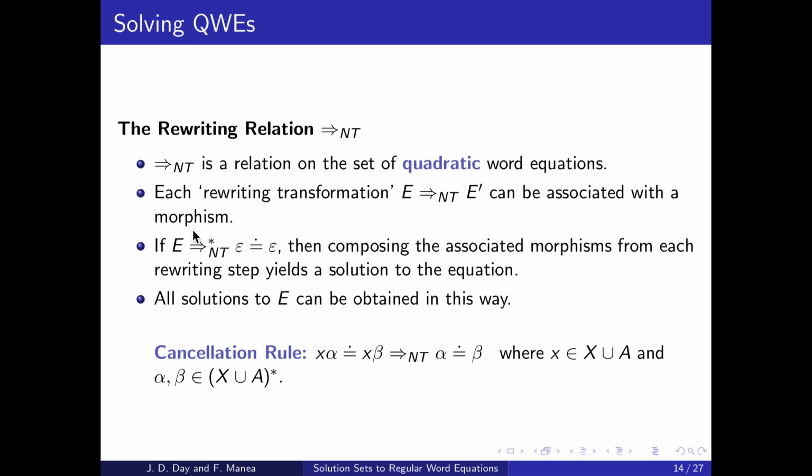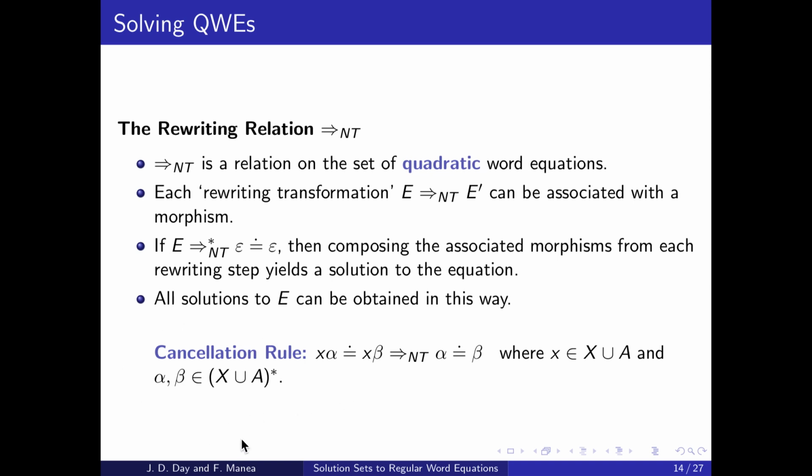Now if we can apply a series of these rewriting transformations to our original equation E and reach the trivial equation where we have the empty word on both sides, then composing the morphisms associated with each individual rewriting step in that sequence will yield a solution to the equation. And in fact, all solutions to our original equation can be obtained in this way. So this rewriting relation is going to be able to tell us whether or not the equation is solvable, and also it contains essentially the full set of solutions.